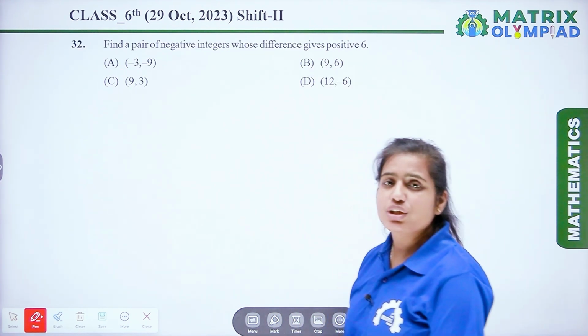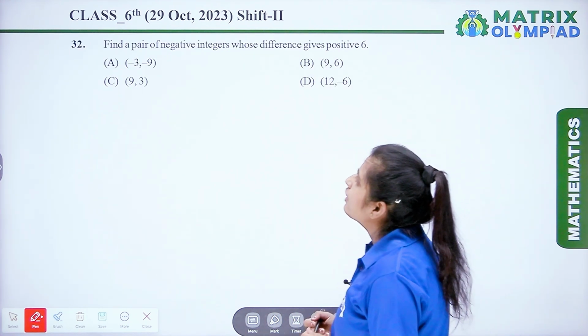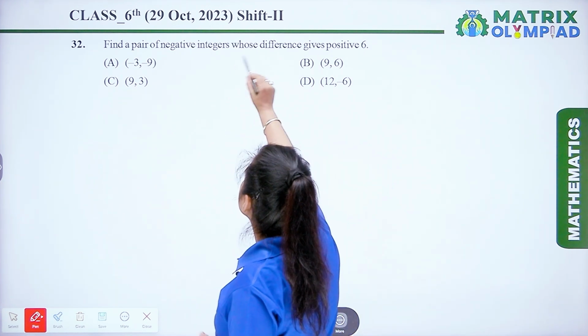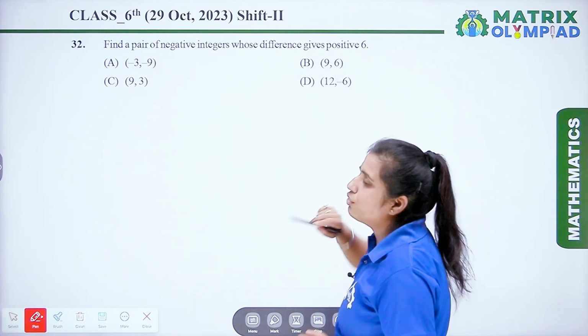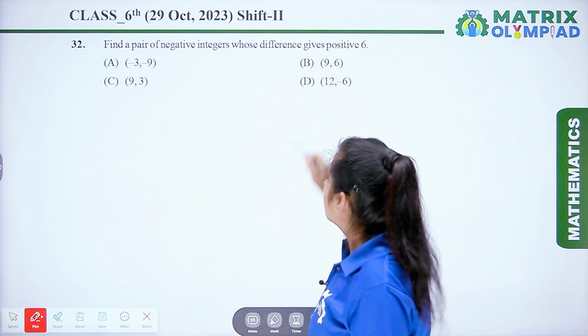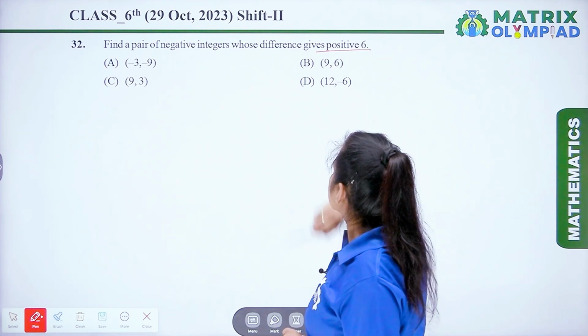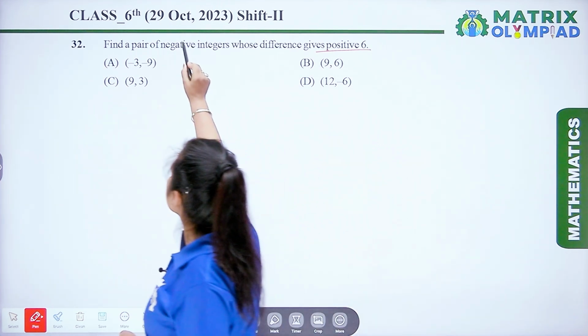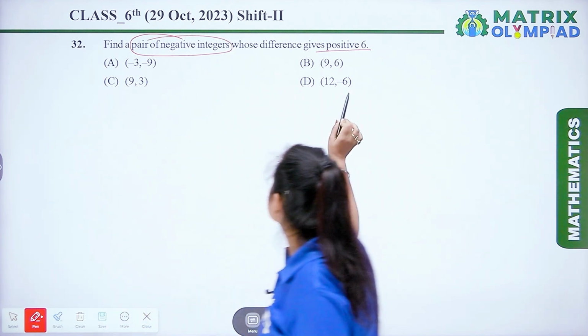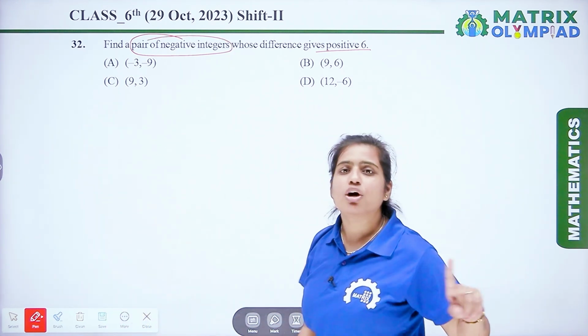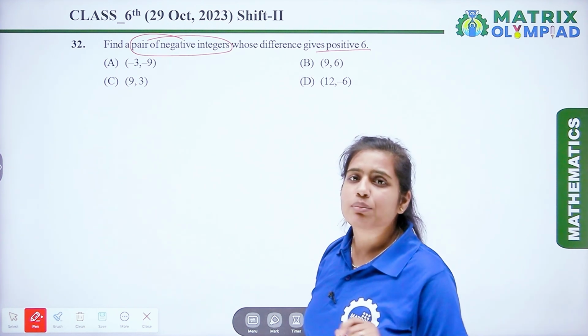Now the next question, question number 32. Find a pair of negative integers whose difference gives +6. Now we have to find out a pair of negative integers whose difference is +6. So here out of these 4 options, only one option has both the numbers in the negative form.